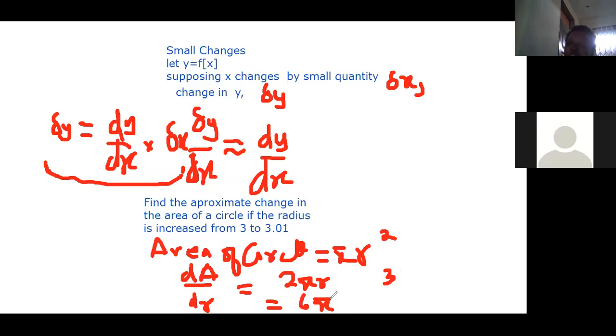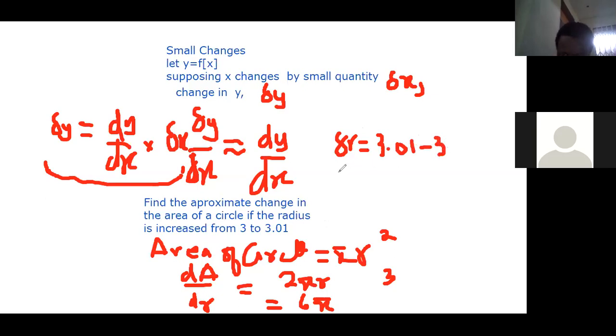Now they are saying that there's a change in radius, the small change in radius. Initially it was 3, and now they said it was increased to 3.01. So we want to find the change. 3.01 minus 3.